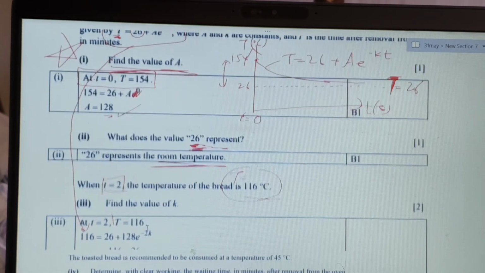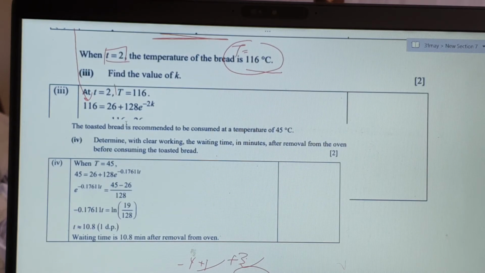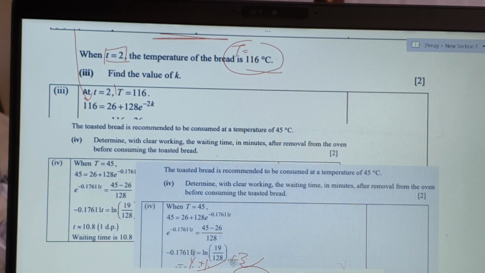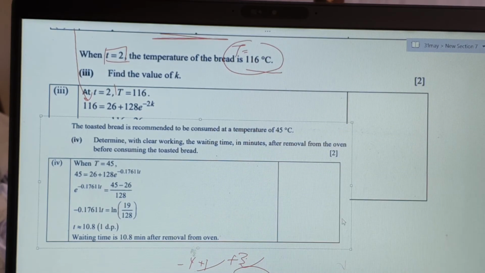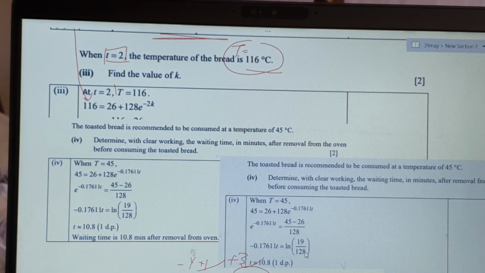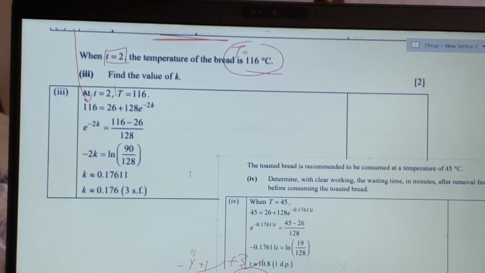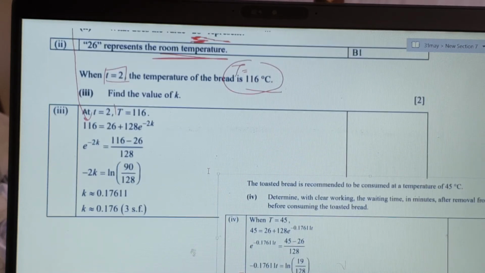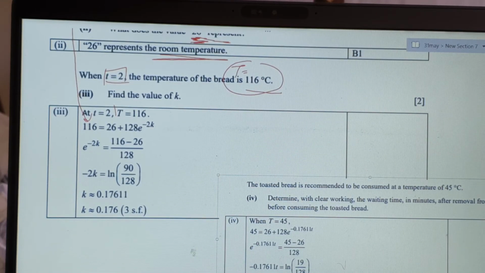After that, you shall use your logarithms here. Okay, so continuation from here, you sub in already, right? So 116, you minus 26 both sides.